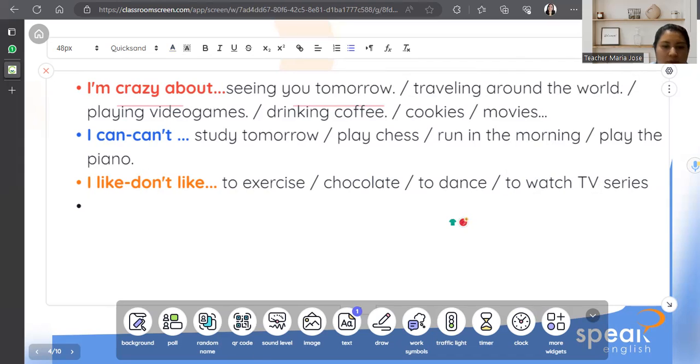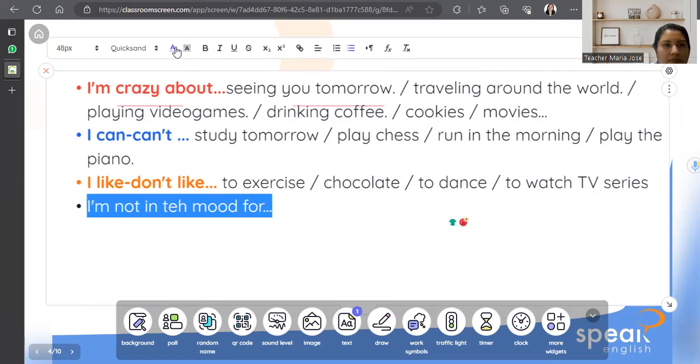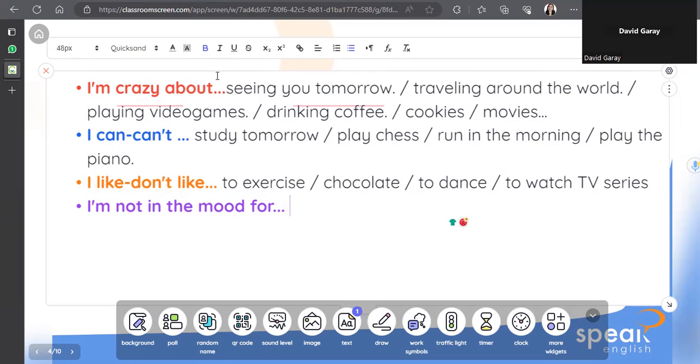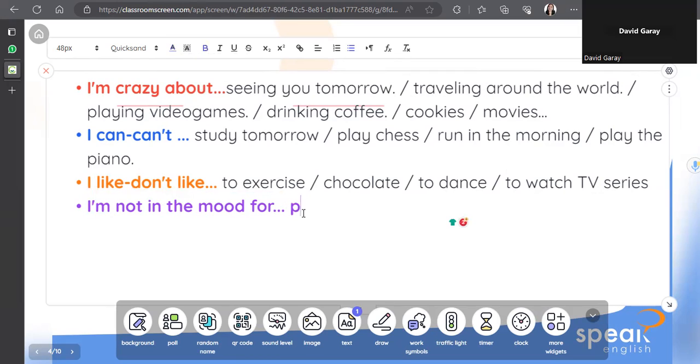Perfect. And the last expression that we checked here was: I'm not in the mood for. So one example, David. For play soccer. For play or for playing? For playing soccer. Okay.